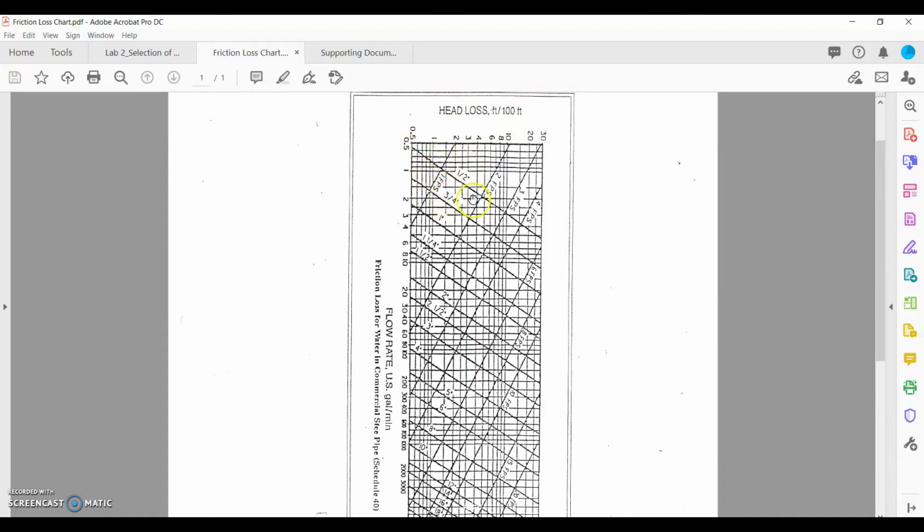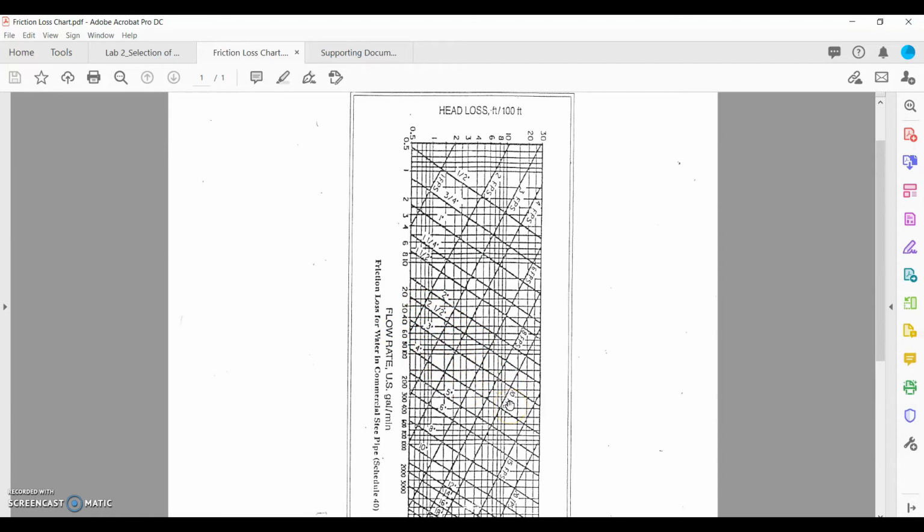This one is a straight line. The third parameter is water velocity, in FPS, feet per second: 1, 2, 3, 4, 5, 6. And the fourth parameter, the last one, is piping diameter: 2 inch, 2.5 inch, 3 inch, 4 inch.